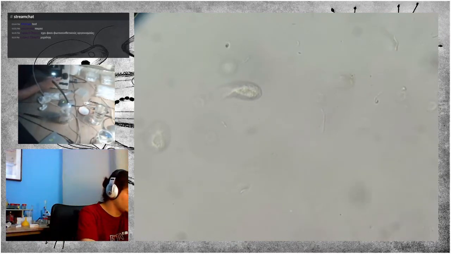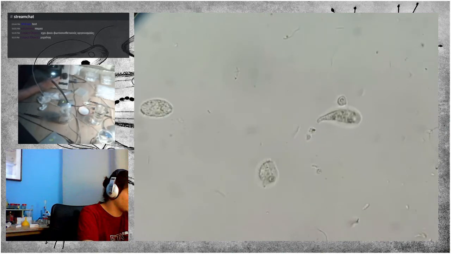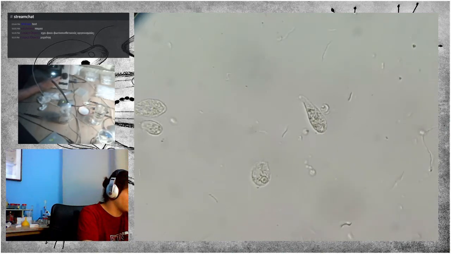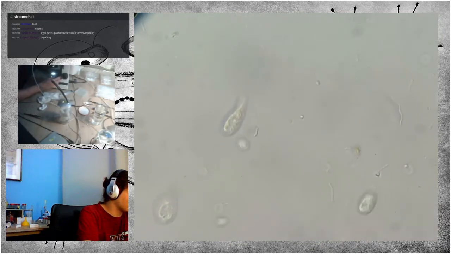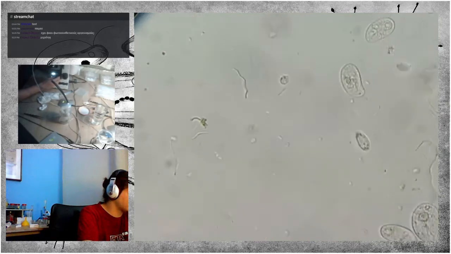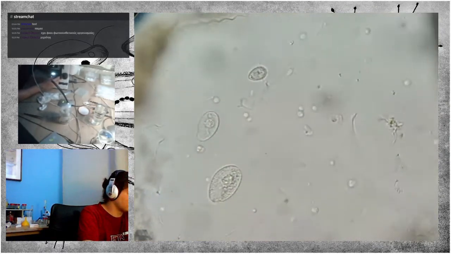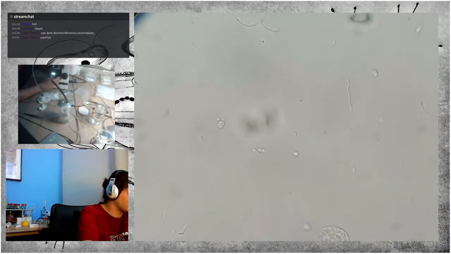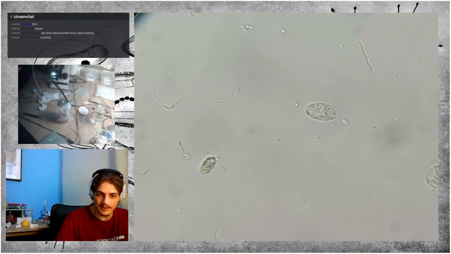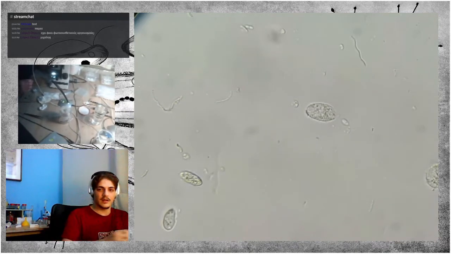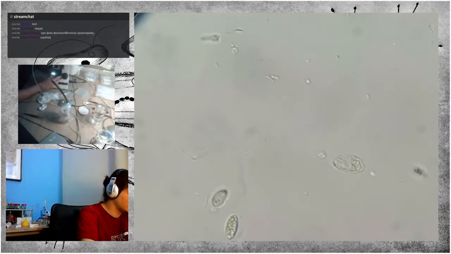I'll try to research and see what they are, the species of most of the microorganisms that are here. And I am recording this, so I'll be able to see the footage.